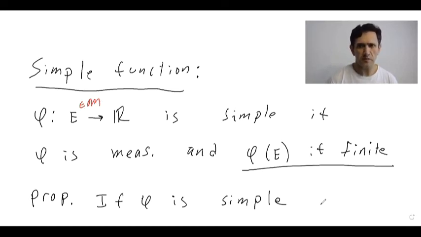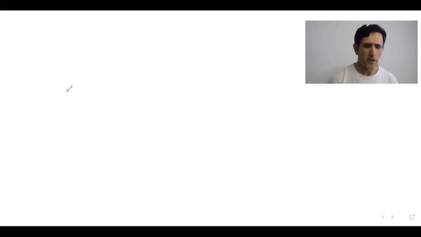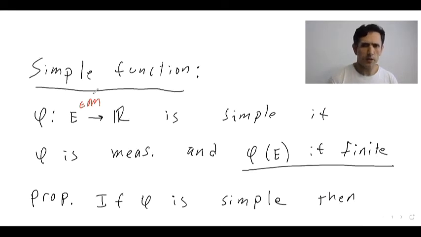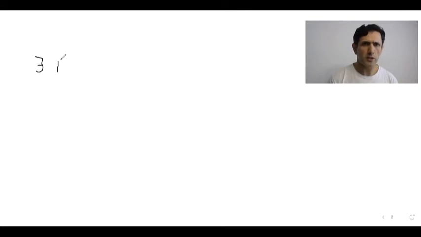So there exist pairwise disjoint and measurable E_k's.